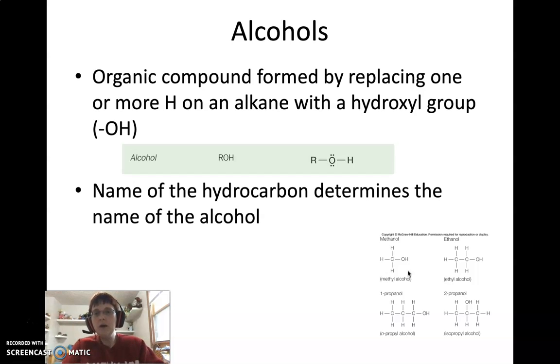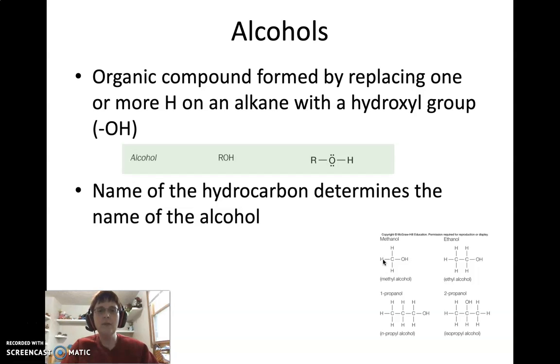The name of the hydrocarbon that the alcohol functional group is attached to determines the name of the alcohol. So you can see here we've got what was methane, because this would have been 4 hydrogens around the carbon. So we swap out that hydrogen and we have our hydroxyl group, making this an alcohol.